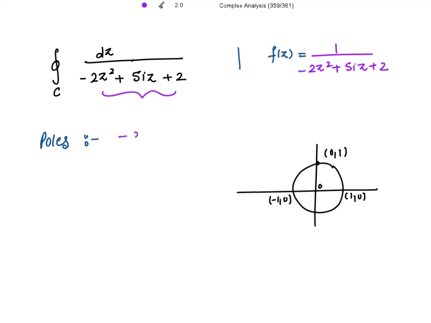So this is minus 2z square plus 5 iota z plus 2 equal to 0, or we get 2z square minus 5 iota z minus 2 equal to 0.